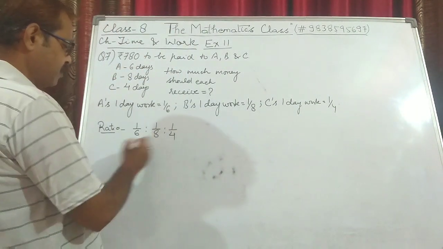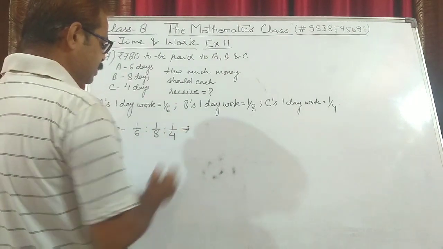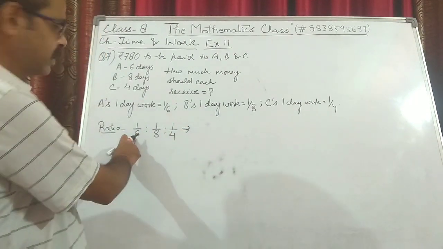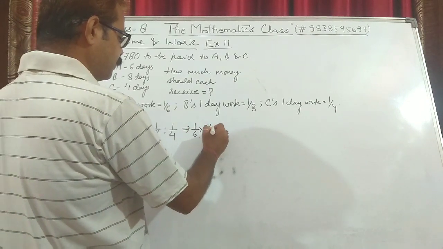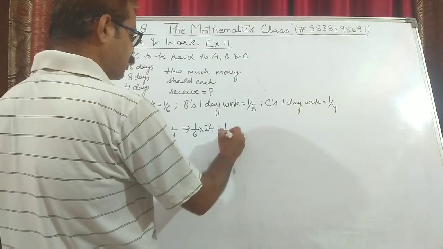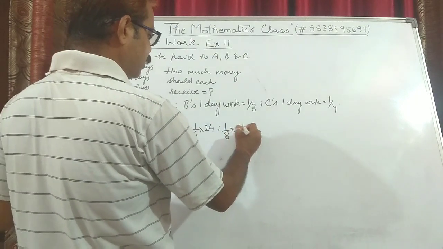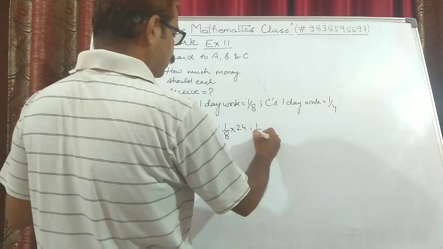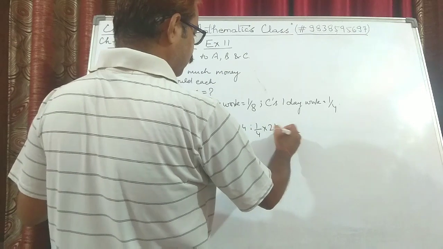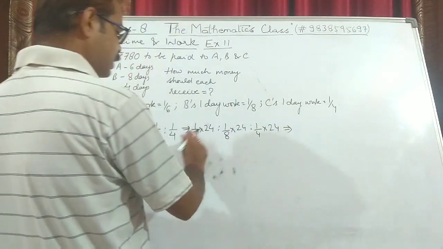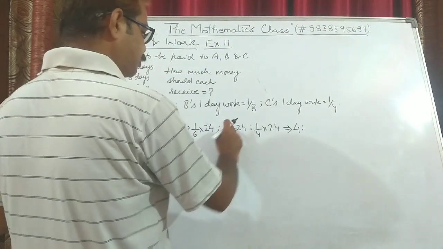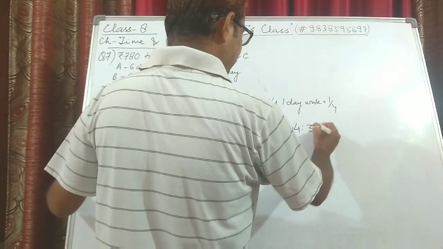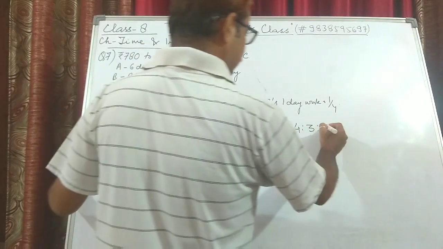So what we do is multiply all these with the LCM. So 1/6 into 24 is to 1/8 into 24 is to 1/4 into 24. So that will make 6 4s are 24, 8 3s are 24, and 4 6s are 24.